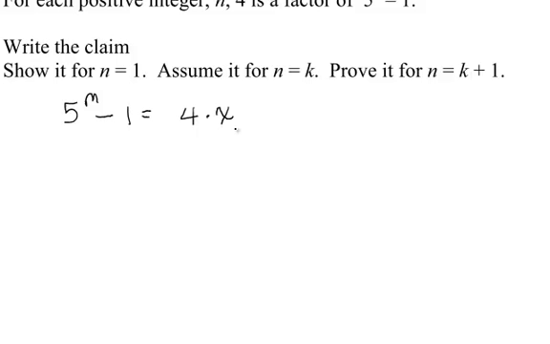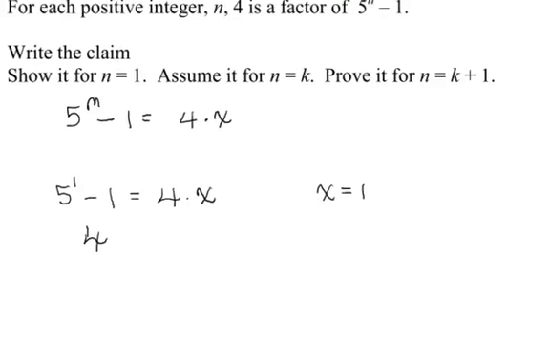That's what this says. So I'm going to show it for n equals 1. 5 to the 1 minus 1 equals 4 times x. And in this case, see, x equals 1. So that's true. 5 to the 1 minus 1 is 4 equals 4 times x. So, yep, all right.